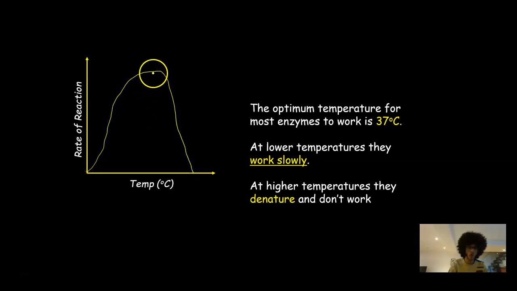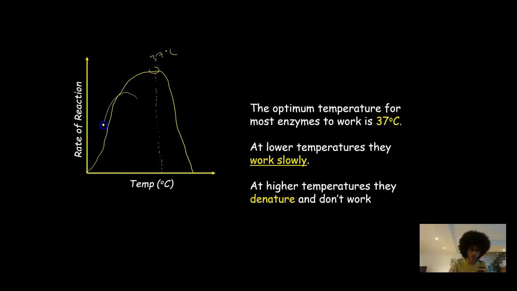This is the optimum because this is the highest rate of reaction, and that tends to be around 37 degrees. It depends on certain enzymes. Some enzymes work at a slightly higher temperature, some at slightly lower, but broadly speaking, it's around 37 degrees, which is incidentally the temperature inside the human body.